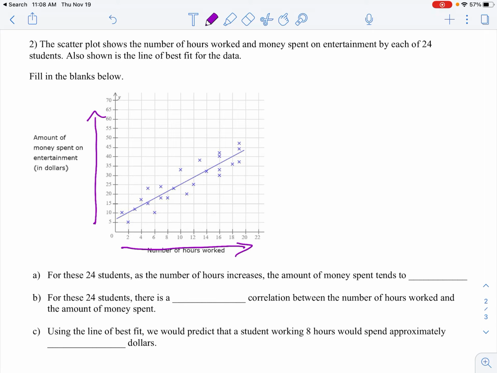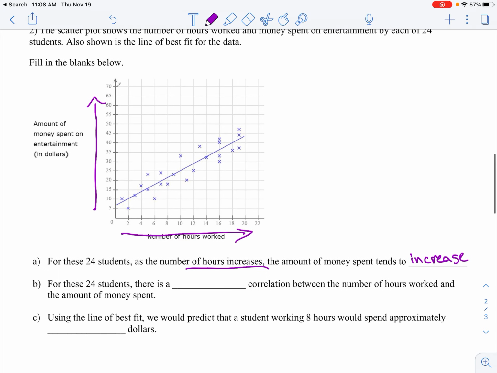If you have more money because you worked more hours, you should be able to spend more money. So the money spent tends to increase as well. For these 24 students, there is a positive correlation between the number of hours worked and the money spent. It's going in the positive direction. It's going up.